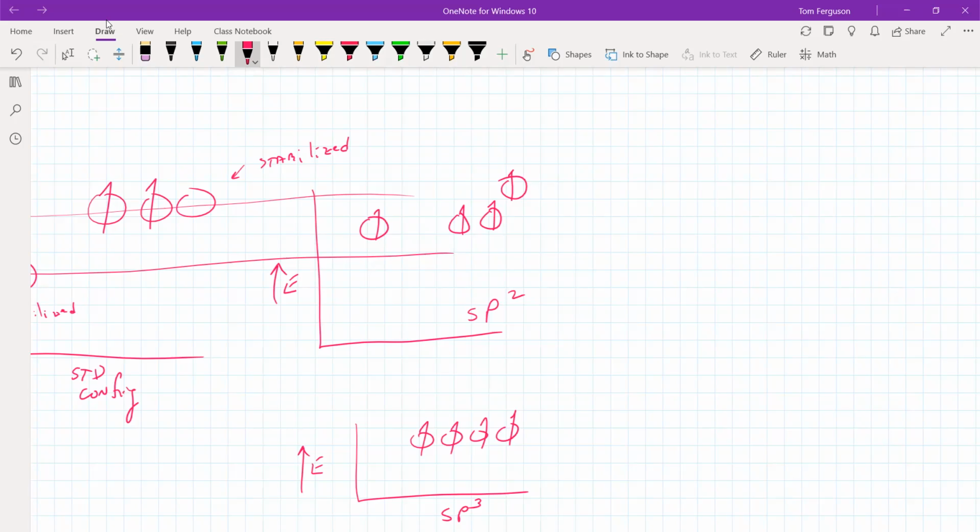Sp3, just because it's got one electron in a low level, that seems more stable than that all in the higher.